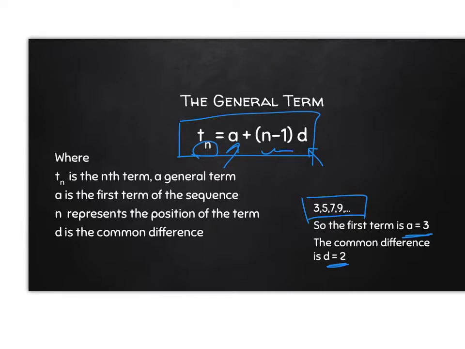So our general term then would be Tn equals 3 plus n minus 1 times 2. And I can rewrite that as 3 plus 2n minus 2 equals 1 plus 2n. And that would be my formula for my general term right here.